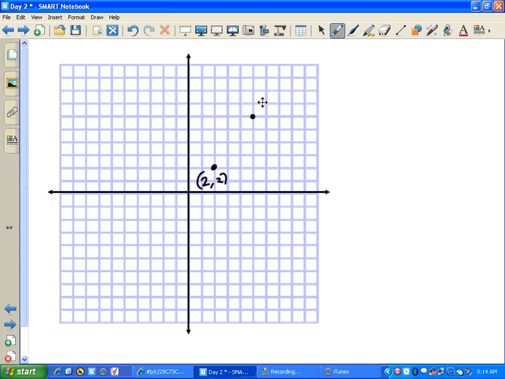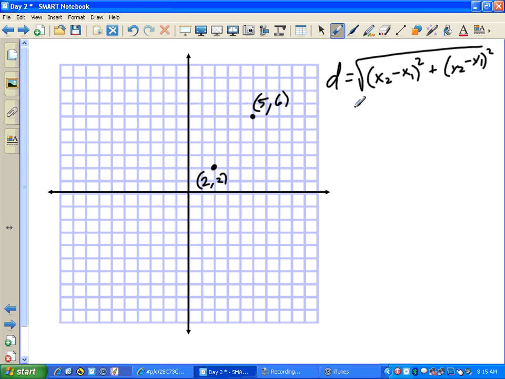And this point is at 5, 6. Well, the distance formula, if you guys remember it, here's what it looks like. Okay, I take the square root of x2 minus x1 squared plus y2 minus y1 squared. And all that happens underneath the square root.